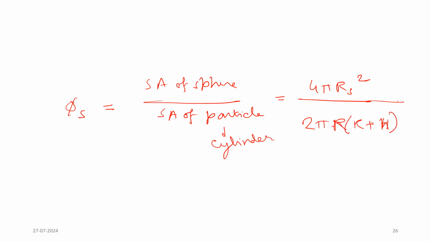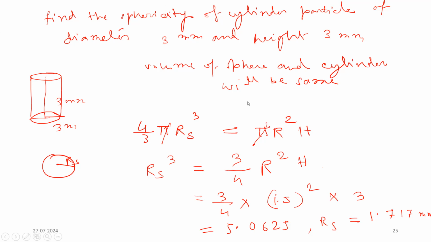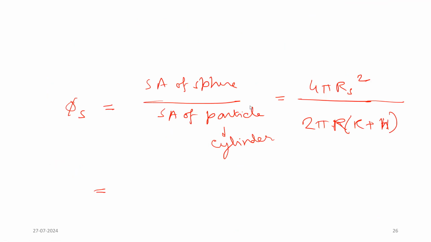We did the volume comparison because the definition of sphericity says the volume of the sphere and the particle will always be the same. With this calculation we found the radius of the sphere, which we didn't know before.